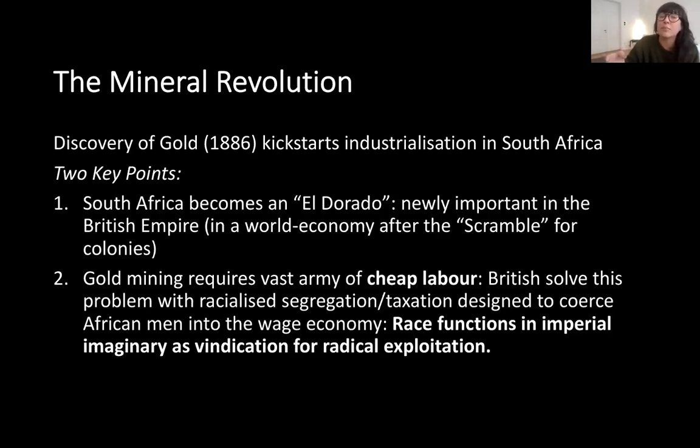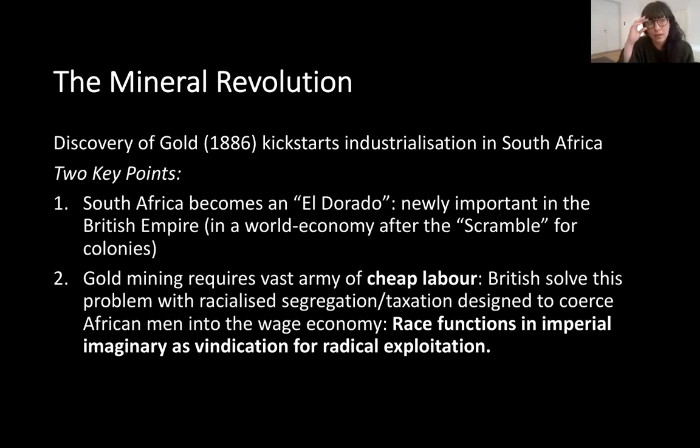It's newly important. The reason for this is that increasingly the industrialized nations of the colonial world, situated in Northern Europe and what we might now refer to as the global North, were competing with each other by colonizing other parts of the world.